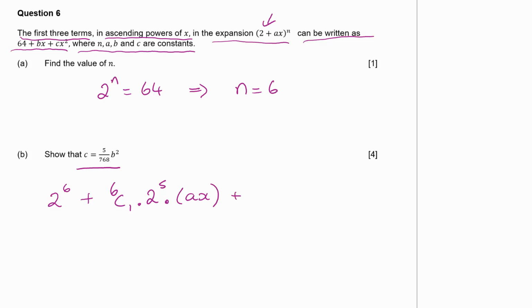And then we would have 6C2, 2 to the 4, ax all squared.